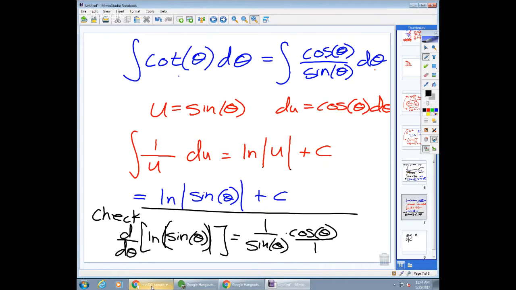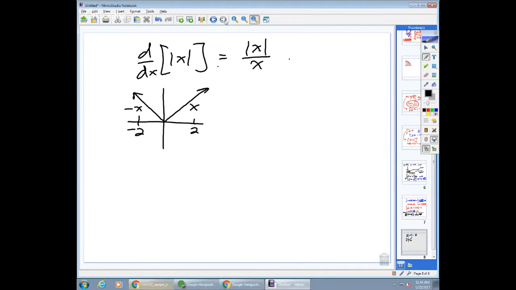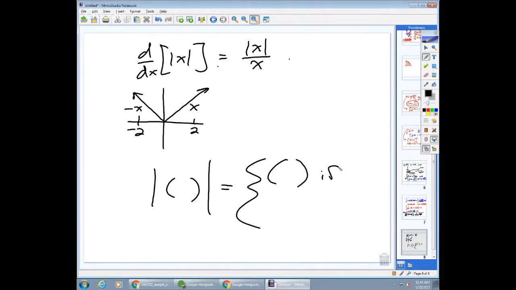It's still doable, you just have to do it in parts. Because the true definition of the absolute value of whatever is equal to whatever if whatever is greater than or equal to 0. So you have to break it into cases.